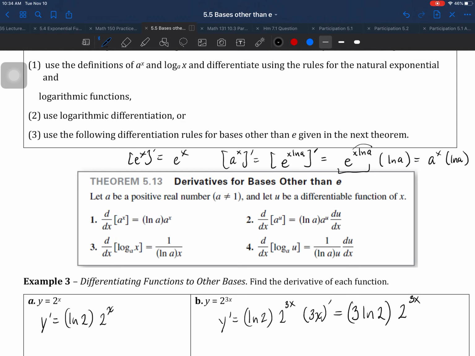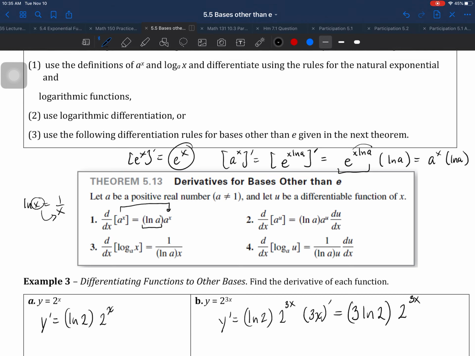So what we're saying here is it's the same thing as e to the x, where it's itself is the derivative, but we just have to multiply the front by the natural log of a. That's all we're saying. Now remember that in the logarithm, when you took the derivative of natural log of x, it was 1 over x, and this became a denominator.